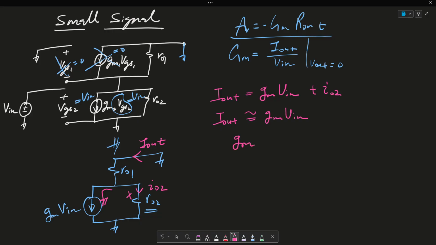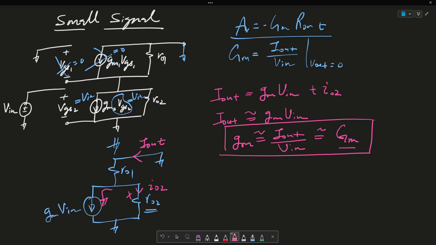As a result, big Gm is essentially I out over Vin, which is equal to capital Gm. So approximately speaking, your transconductance, big transconductance Gm, is equal to Gm, in this case, Gm2. Right? Okay. So that's the equation for Gm.